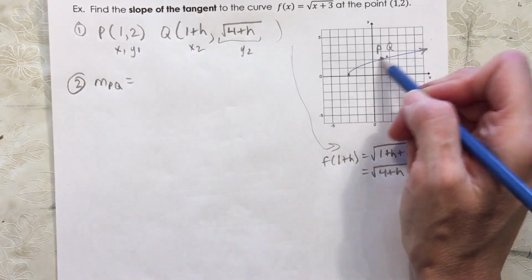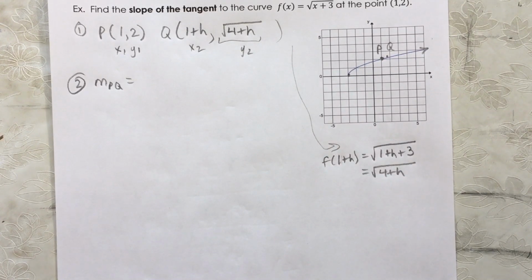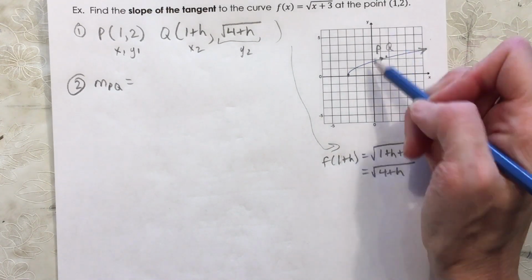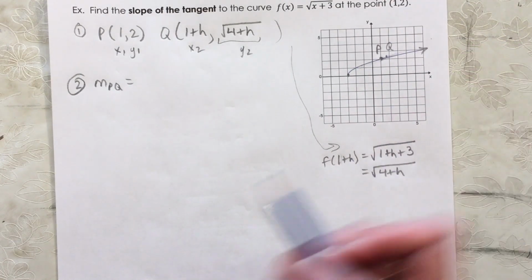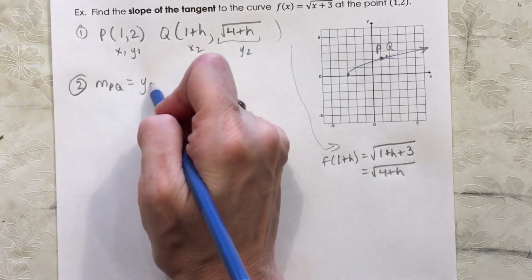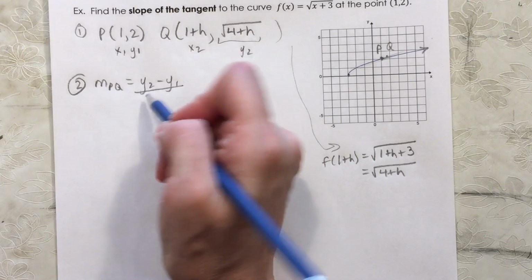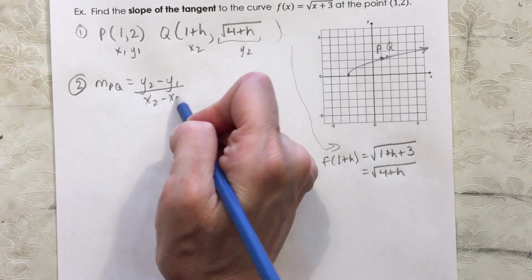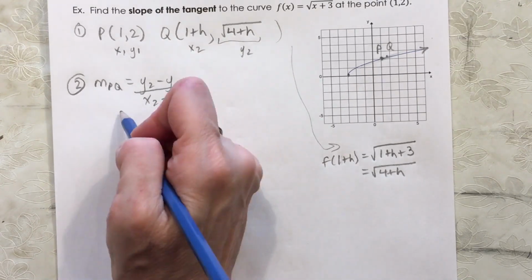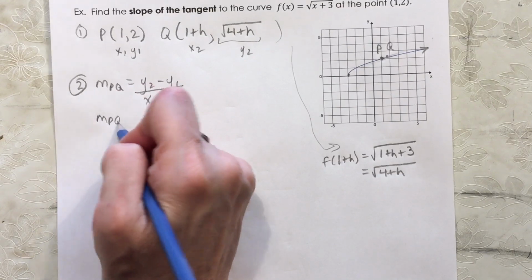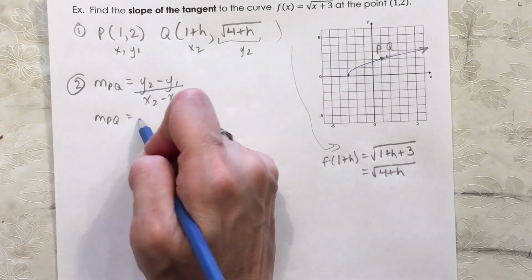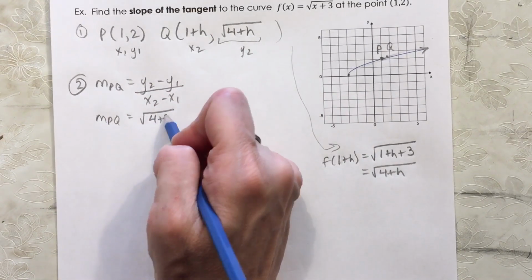And if you look at it, we're expecting a positive, fairly non-steep slope, if we were looking at drawing in a tangent there. And we just use our grade 9 slope formula to find the slope of the secant first. So y2 is the square root of 4 plus h.